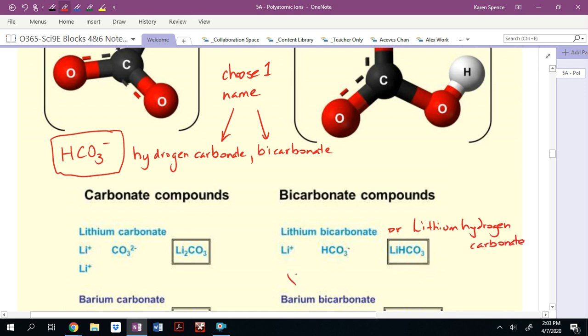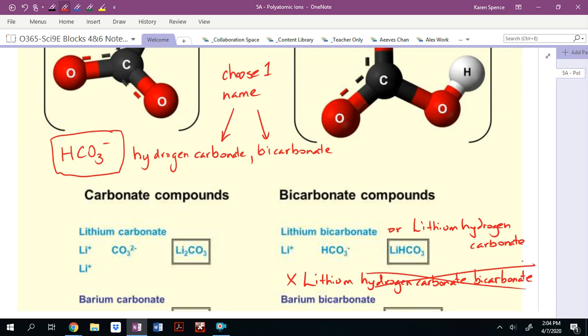But whatever you do, do not name it lithium hydrogen carbonate bicarbonate. That would be like if somebody's name was Catherine and they went by the nickname Kate, that would be like wandering around calling them, "Hey, Catherine, Kate, how you doing?" Or if we had somebody whose name was Robert and he went by Rob, it would be like wandering around saying, "Hey, Robert Rob." We just don't do that. You pick either one or the other, not both. Okay?